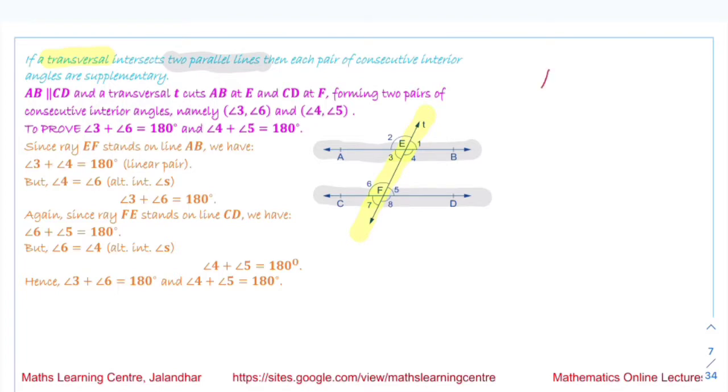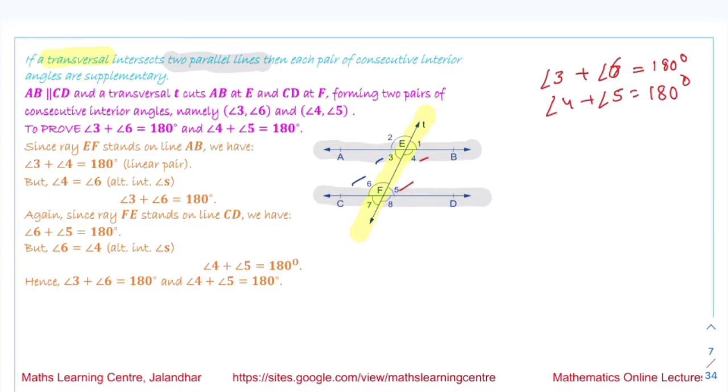So we have to prove angle 3 plus angle 6 is equal to 180 degrees, and angle 4 plus angle 5 is equal to 180 degrees. These are consecutive interior angles. Their sum is 180 degrees.